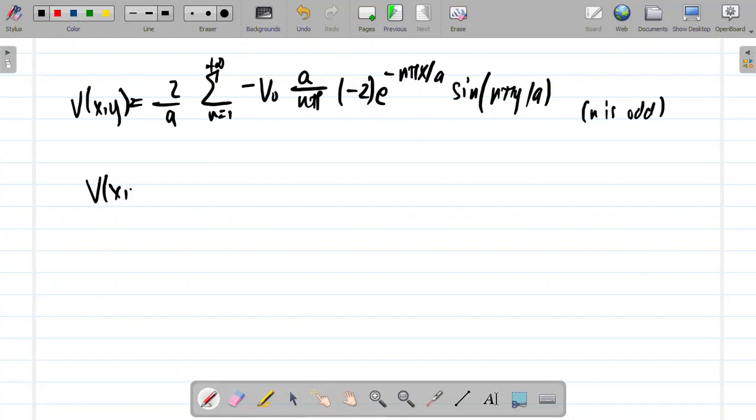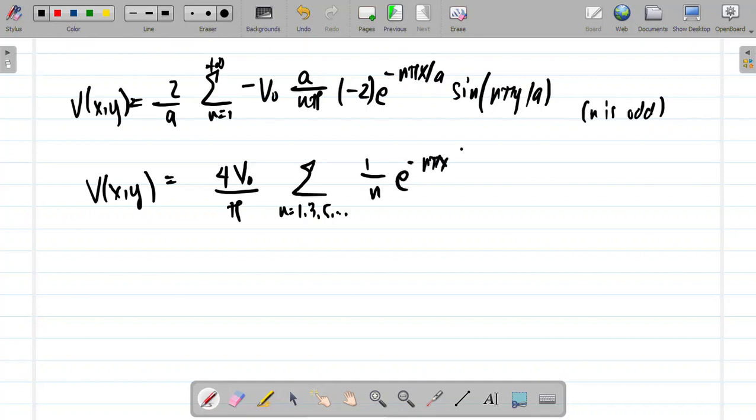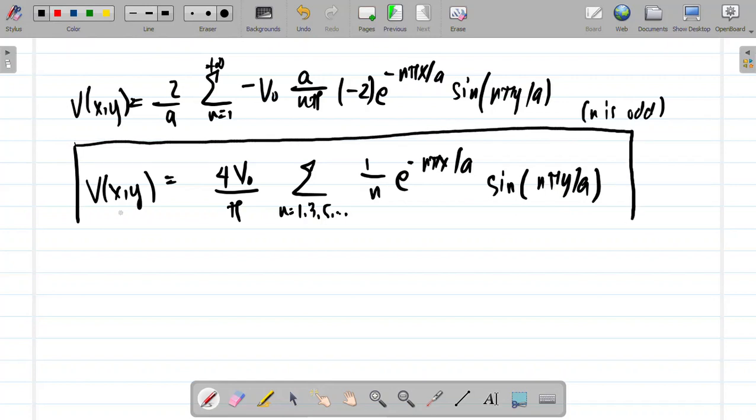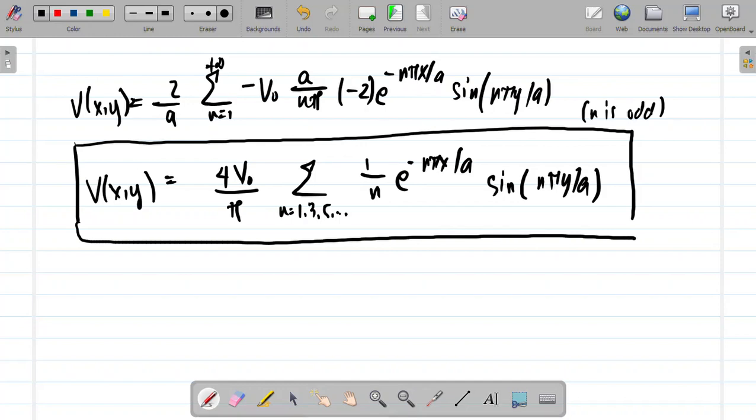Therefore, now v of xy equals 4 v naught over pi summation n equals 1, 3, 5, dot, dot, dot, 1 over n e raised to negative n pi x over a sine n pi y over a. Yan na yung v of xy natin. Unfortunately, infinite sum pa rin siya, pero yan na yung final na result.